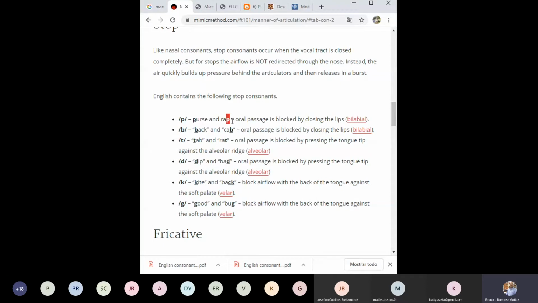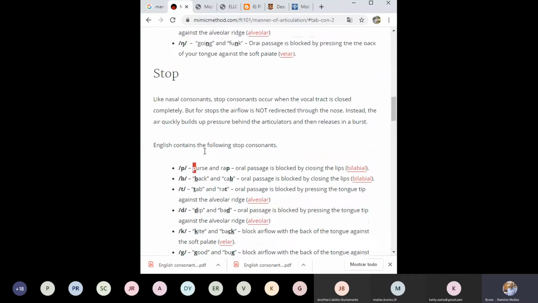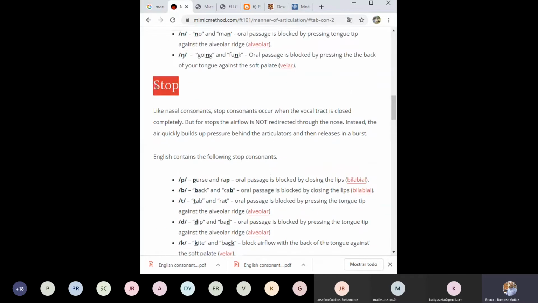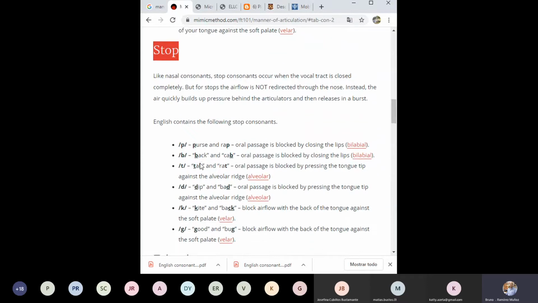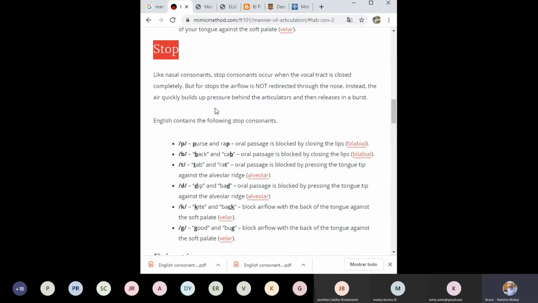So I would call this one, more than a plosive, a stop in final position, right? In initial position, I would call it a plosive, even though we need to remember that we're talking about the same family of sounds, right? The sounds that, according to the manner of articulation, the airflow is stopped and then released in a burst.